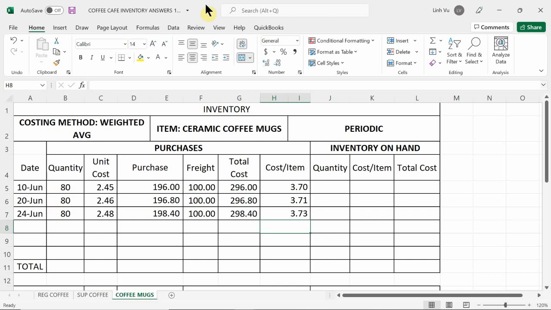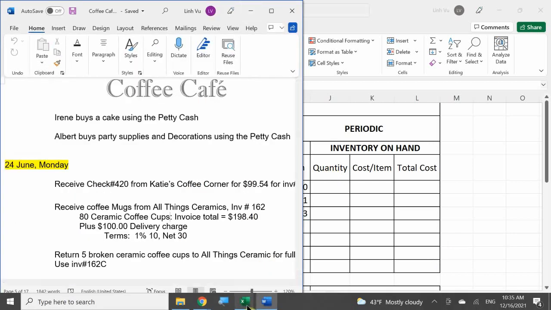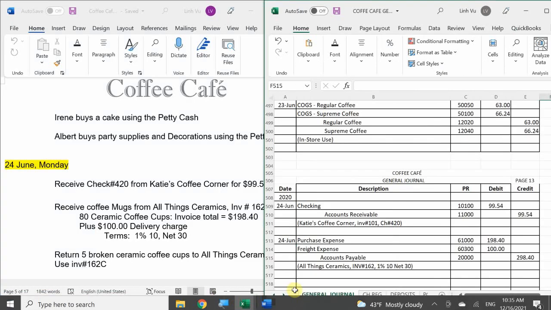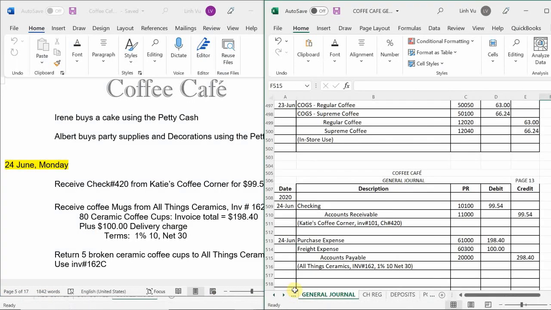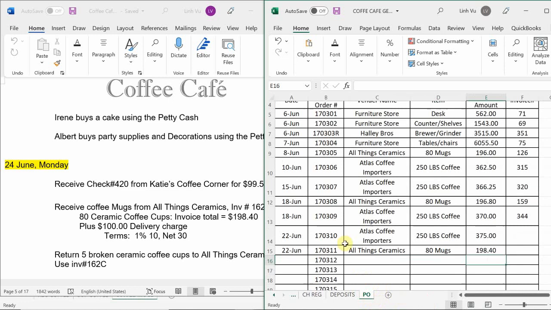One last thing that we have to do. We need to ensure that we received our purchase order, right? And confirm that, yes, we did receive our 80 ceramic coffee mugs that were quoted for $98.40, and that was invoice number 162.